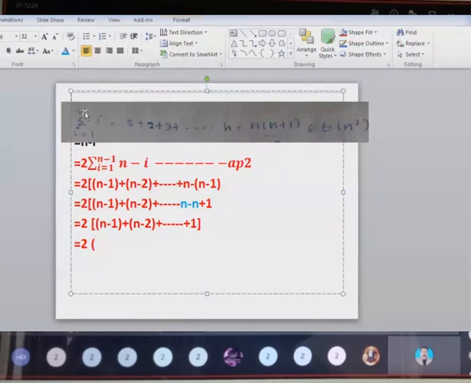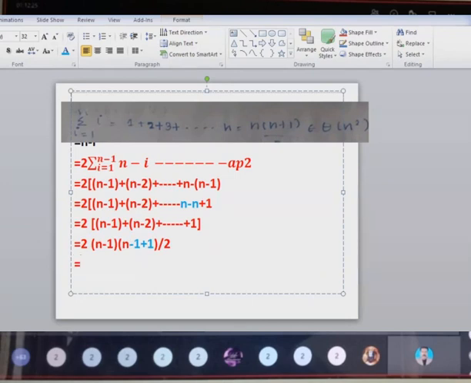In the formula, upper limit is n. So we wrote n into n plus 1 by 2 in the formula. In our summation, upper limit is n minus 1, right? So we have to write n minus 1 into n minus 1 plus 1 divided by 2. Okay, pa? Now cancel this minus 1 plus 1.